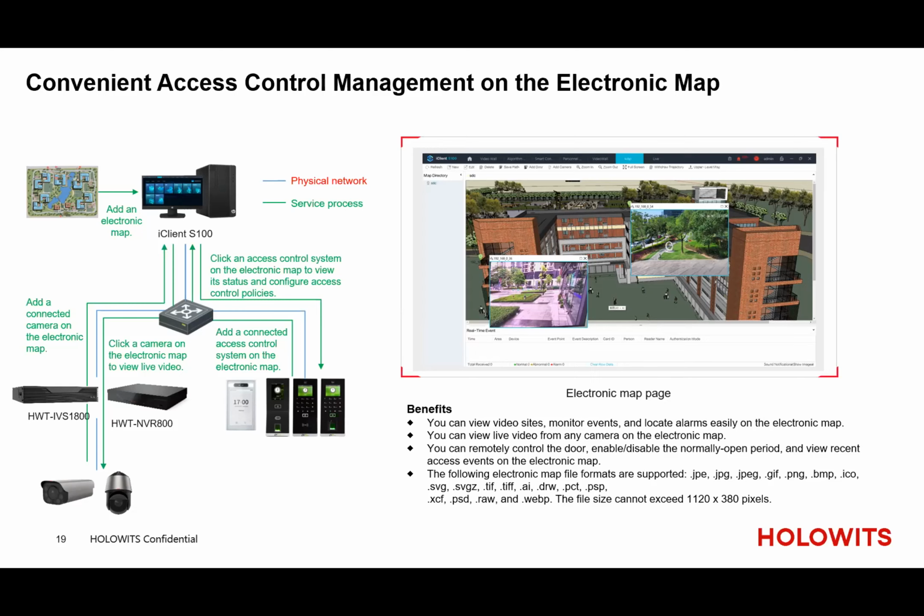Then we can manage some events, which means we can react and process quickly through the electronic map. Just like this map, and you can set the point. This is the benefits.